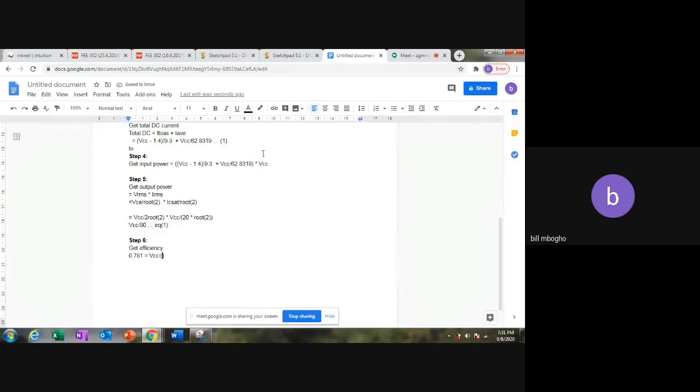But the good thing is this VCC is going to be in the denominator, so it will cancel with this VCC. So we have 1 over 80 times the ugly thing, this one here.